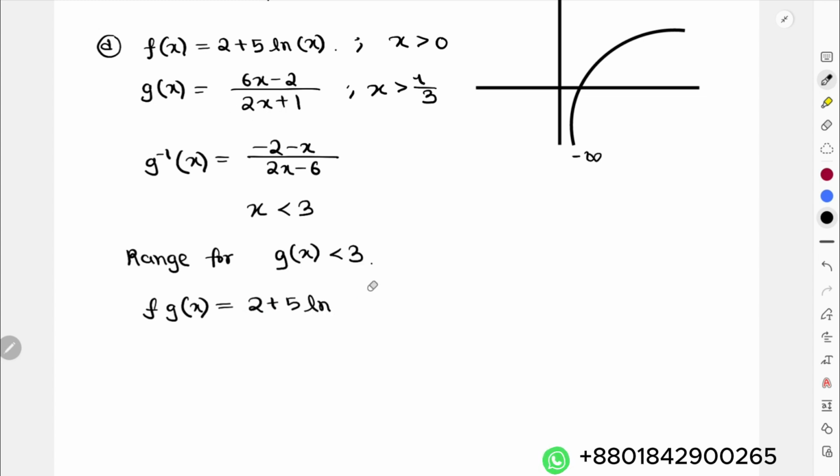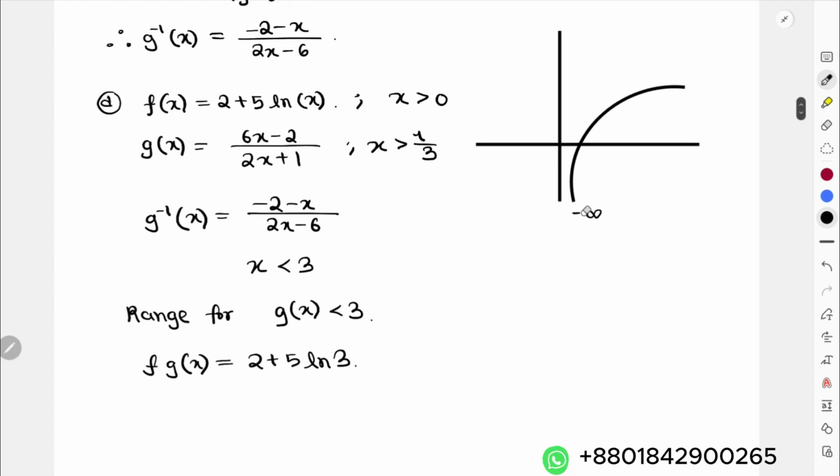Instead of writing all these values, I'm going to insert 3 over here. And according to your range, if g(x) is less than 3, fg(x) is also going to be less than this. And again, if f(x) is, is it less than? No, it's going to be greater than minus infinity. That means over here your fg is also greater than minus infinity.